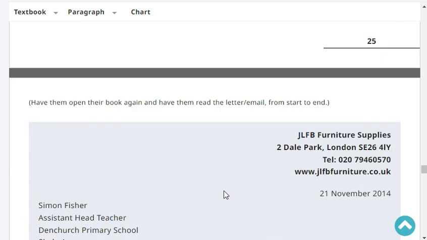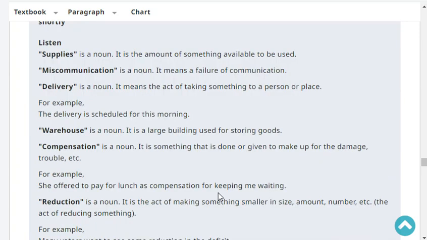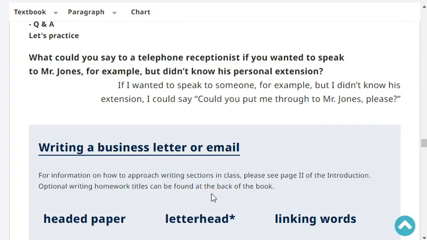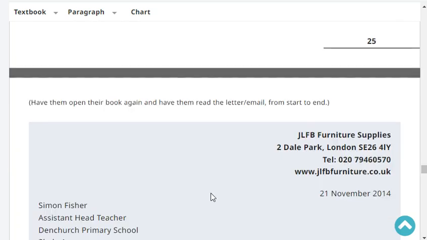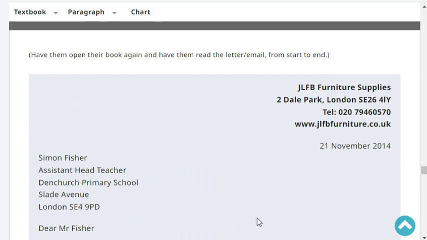Okay, so now please get your book again and open to page 26. Very good. And let's read a sample business letter. Okay, read from the start.